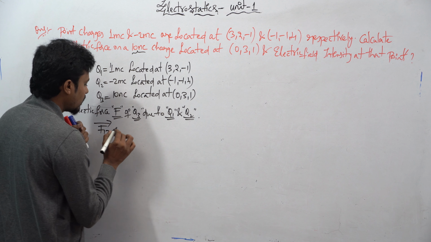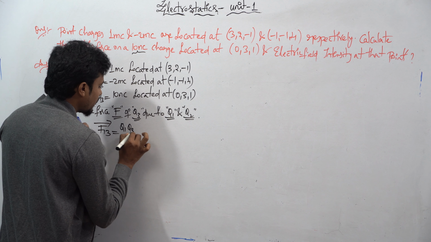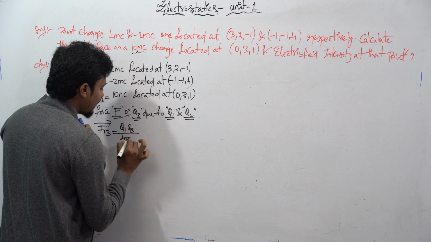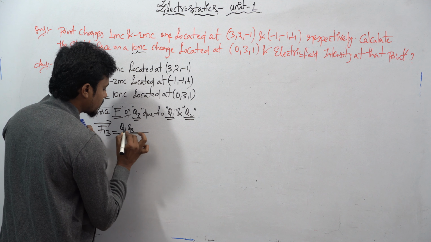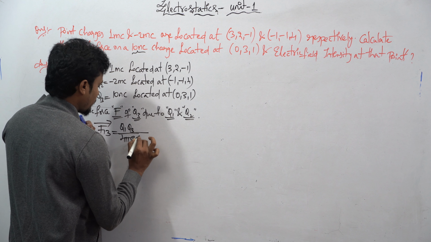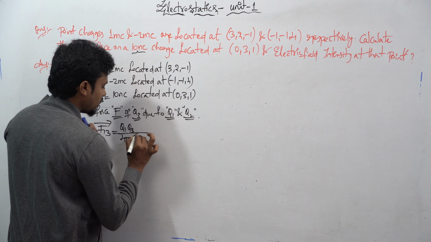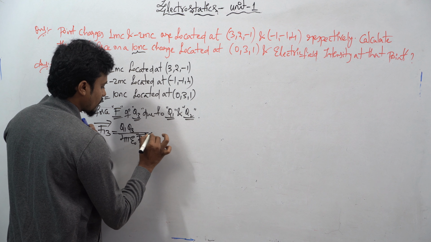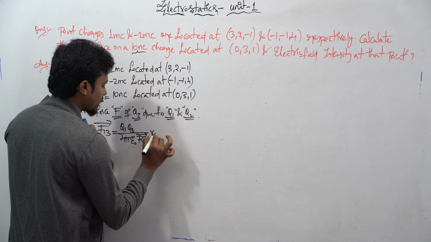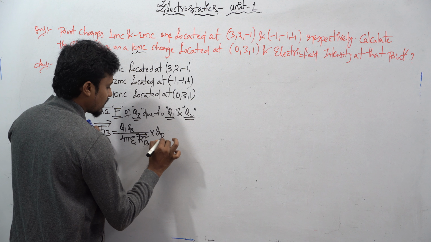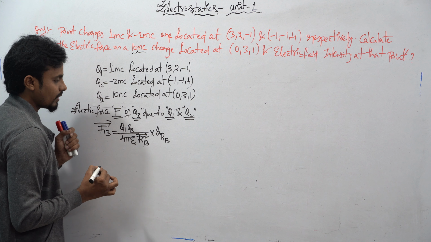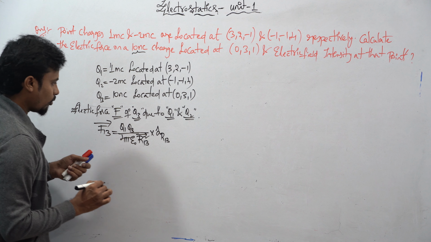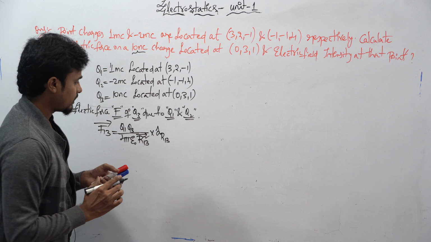This will become Q3 divided by K, where K is 4 pi epsilon naught, into R13 bar square, into the unit vector a bar R13. What is the formula for the unit vector?